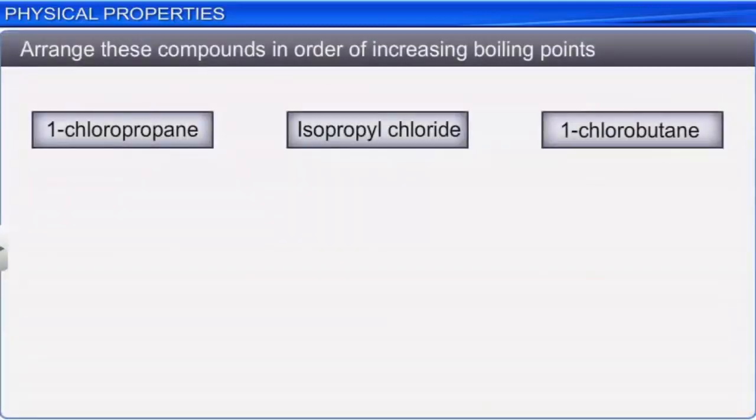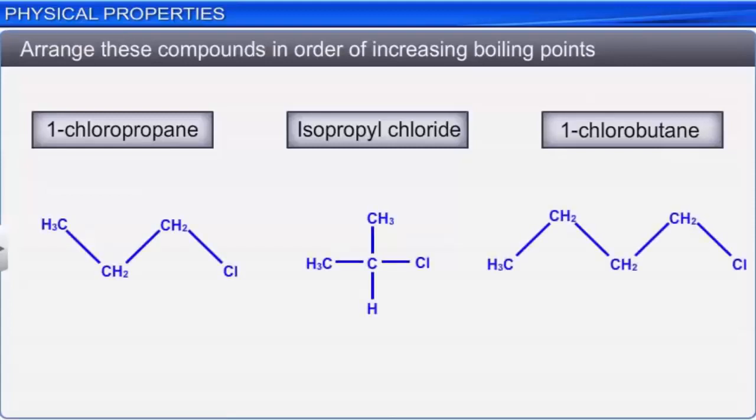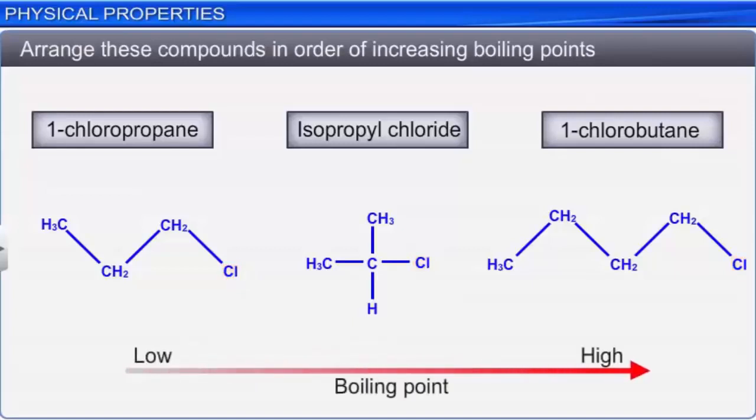Here is a problem for you. Arrange these compounds in increasing order of their boiling points. Let's start by drawing the structure for each compound. All the three structures contain one chlorine atom. Since the boiling point increases with an increase in the number of carbon atoms, we would expect one chlorobutane with its 4 carbon atoms to have the highest boiling point.